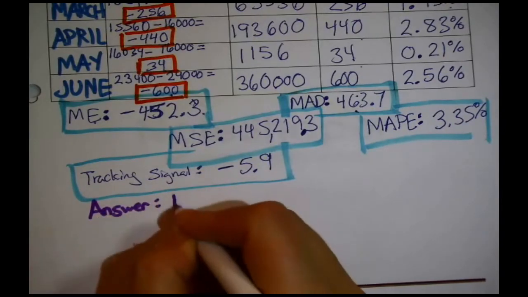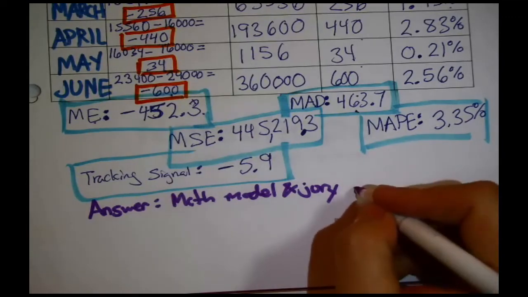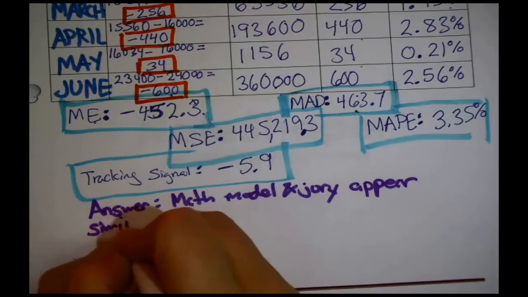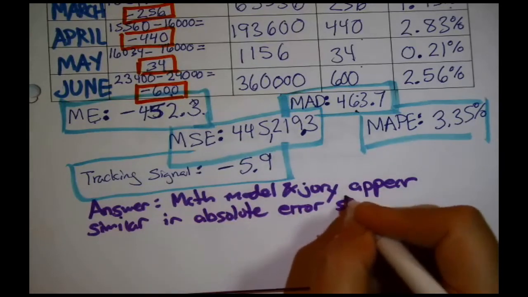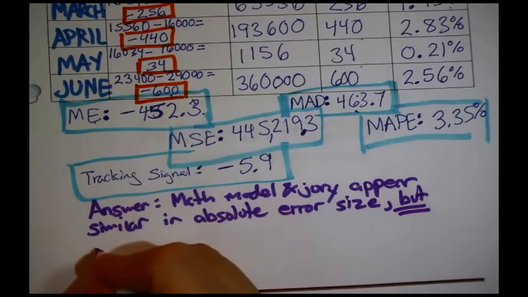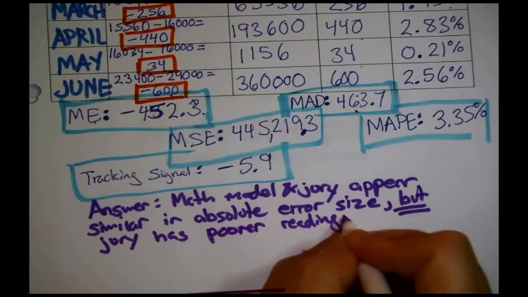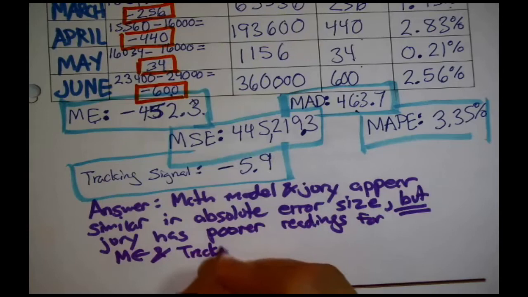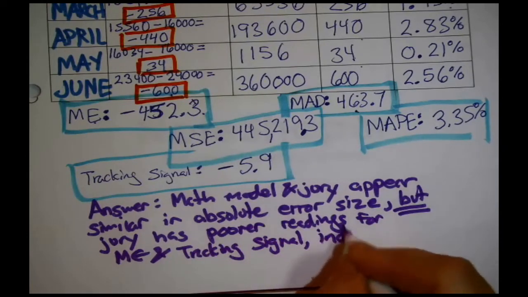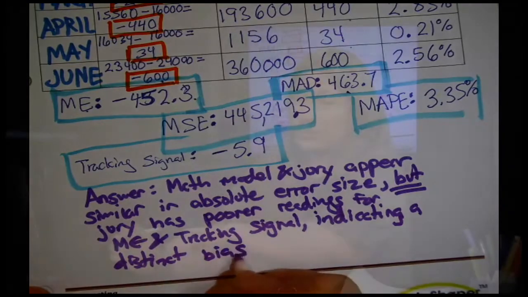Answer: Math model and jury, just short for jury of executive opinion, appear similar in absolute error size, but jury has poorer readings, definitely, for ME, and tracking signal too is farther away from 0, indicating a distinct bias.